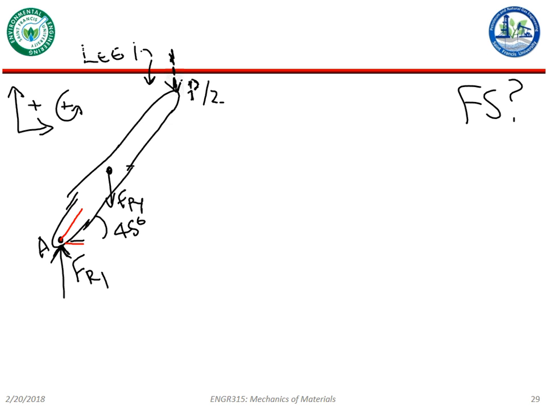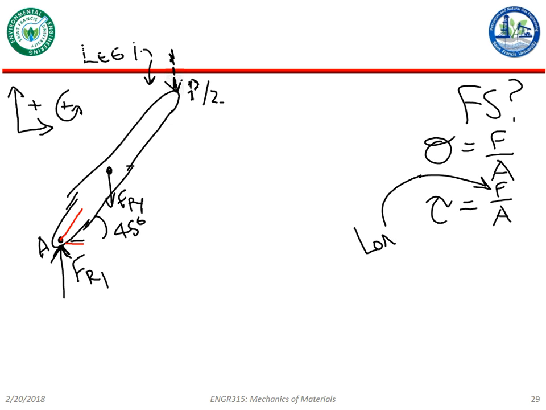P over A. If we have normal stresses, it's a normal force; if we have shear stresses, it's a shearing force. This would be like a load parallel to a face, and this would be like a load perpendicular to a face.